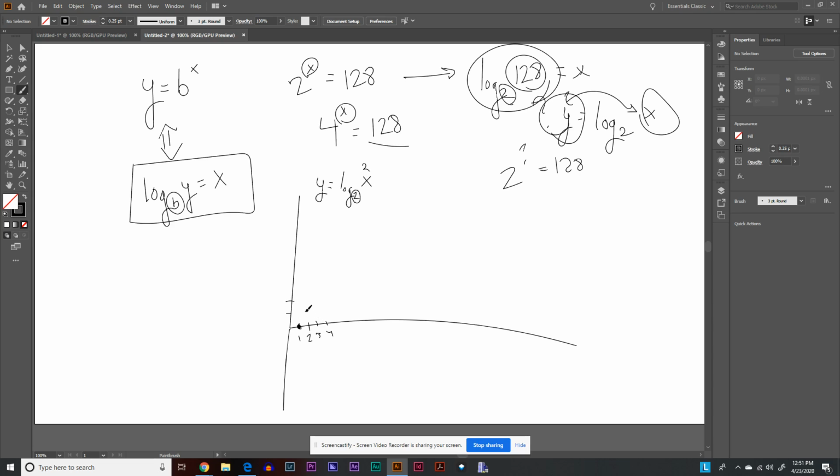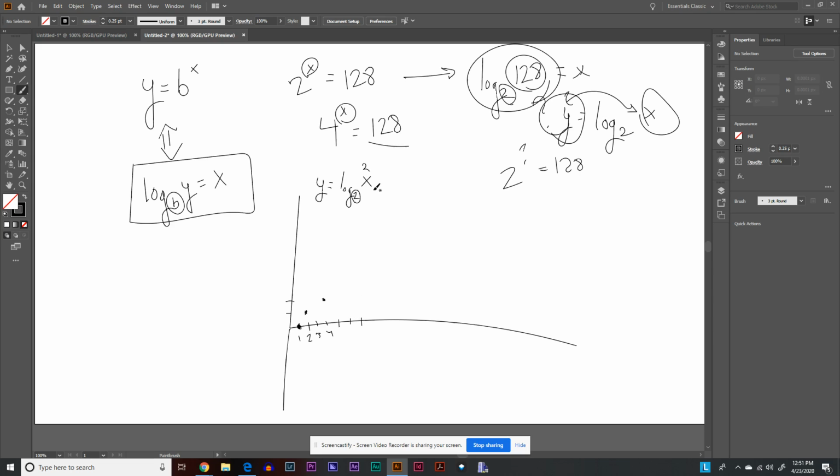By the way, I didn't plot my point here, but if I plug in an x value of 2, 2 to the power of what equals 2? Well, that's 1. So I didn't mark that point earlier. 2 to the power of what equals 4? Well, that's 2, right? But my next value that's going to make sense is not going to be 5, 6, or 7, right?